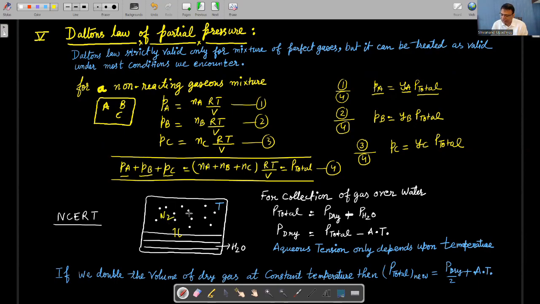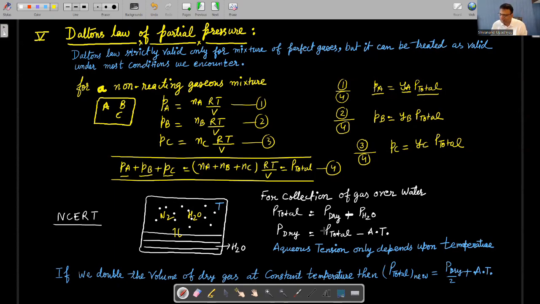So now nitrogen gas and water vapor are there. By putting some manometer, we can find the total pressure of this gaseous mixture. So P total is equal to the pressure of dry nitrogen gas plus the pressure due to water vapor. Since there is an equilibrium, the vapor pressure of water is known as aqueous tension. So the partial pressure of dry gas is equal to total pressure minus aqueous tension.